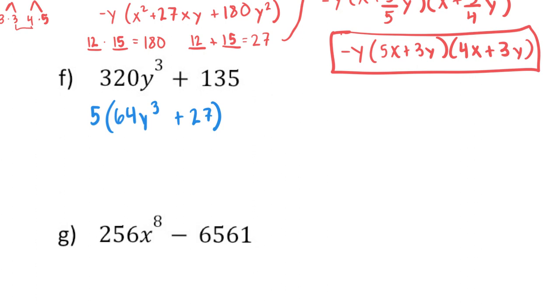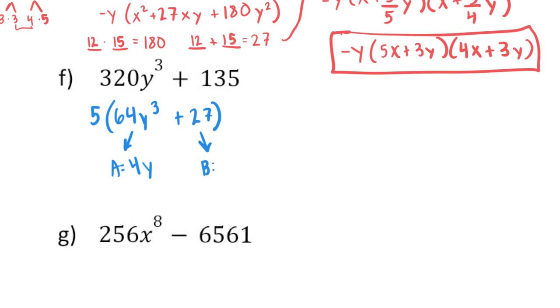Okay, now I still have two terms in what's left that I want to factor. So I am going to look at those two terms. They're both perfect cubes. Because I have y cubed, that's kind of a good clue. So I have here, the cube root of 64 is 4. The cube root of y cubed is y.